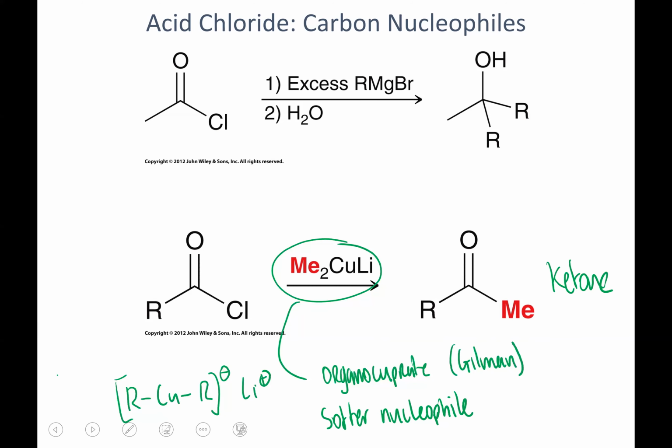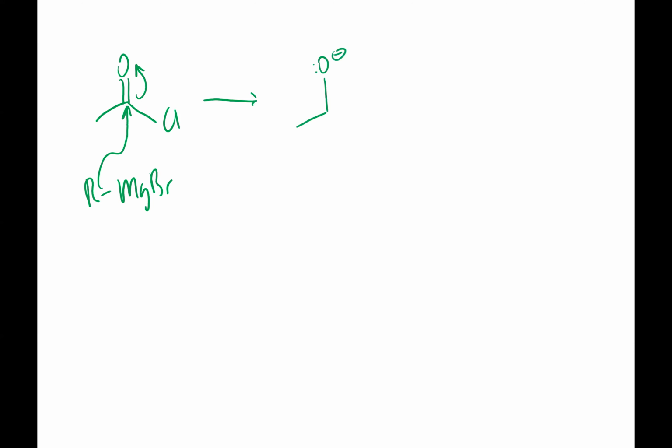Let's take a look at the mechanism for the Grignard, but I think it should be fairly obvious what's happening. Our Grignard reagent is nucleophilic, so we get our nucleophilic attack at the electrophilic carbonyl carbon. We produce the typical tetrahedral intermediate because we've added a carbon, and also because we have the chloride there, we have no choice in what happens next. We reform the carbonyl, and the chloride is clearly the better leaving group.